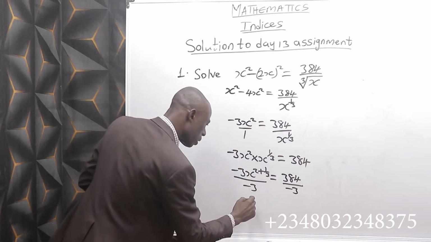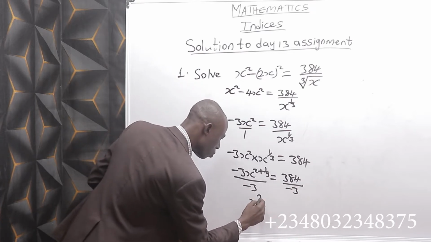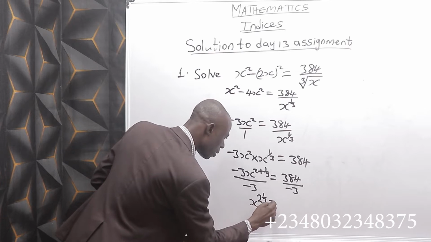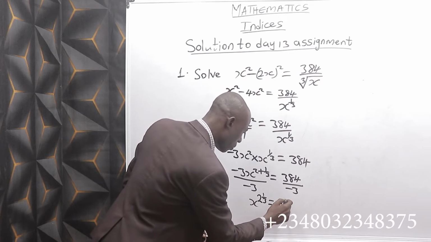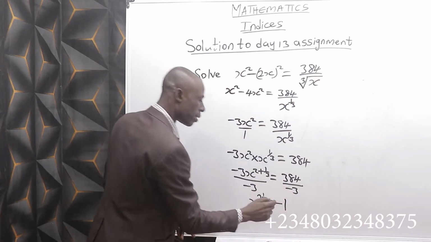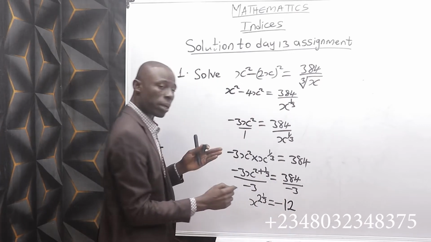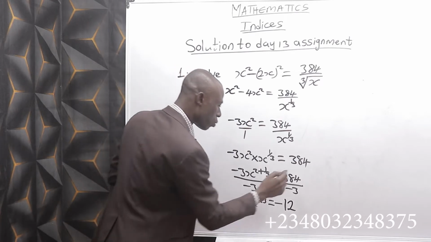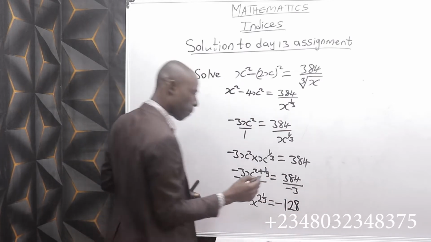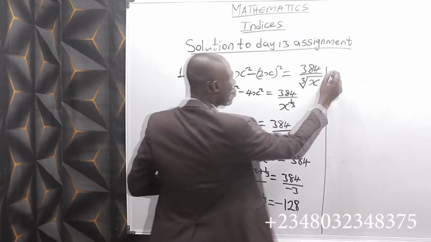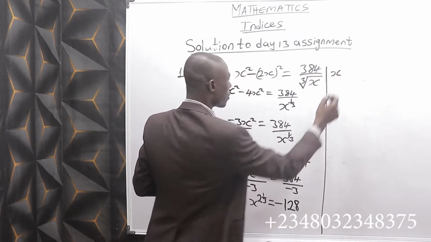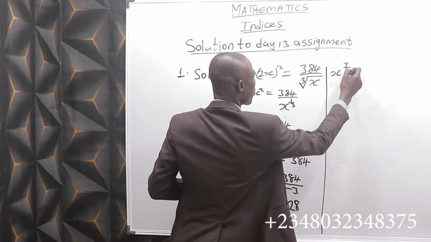So this will give us x raised to power 2 plus 1 over 3, which is equal to minus 384 divided by 3. 3 in 3, 1. 3 in 8, that is 2, remains 2. 3 in 24, that is 8. Do you understand? So we have x raised to power 7 over 3.